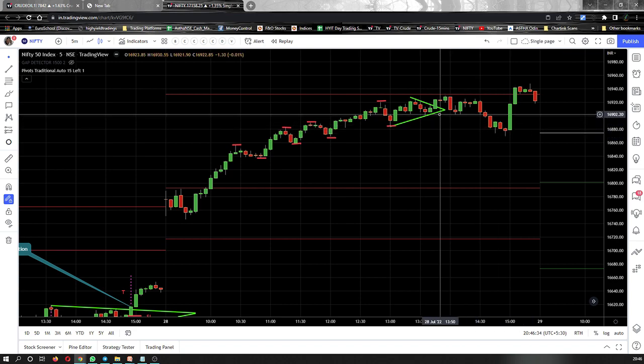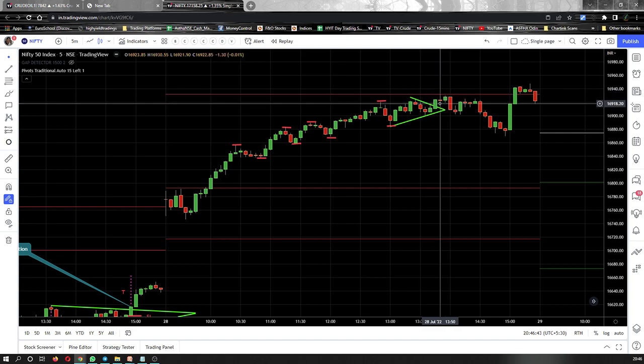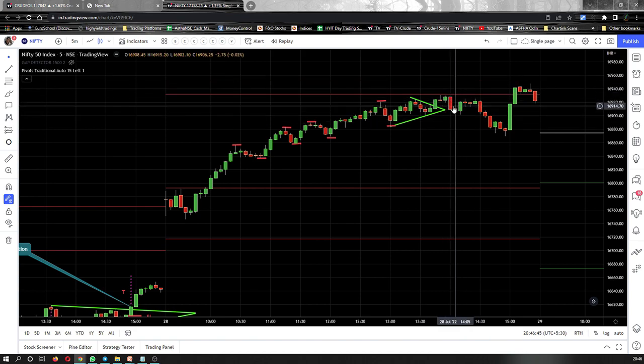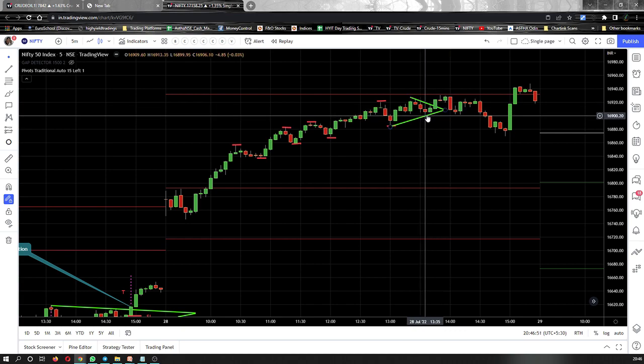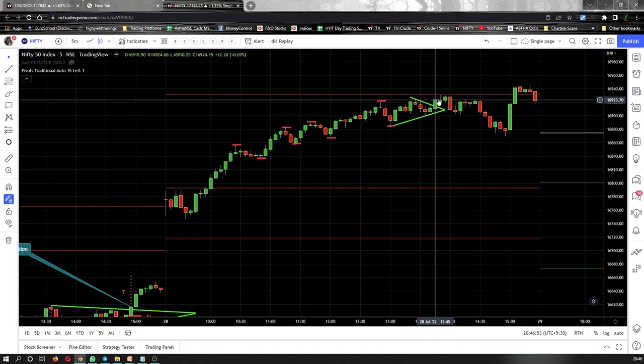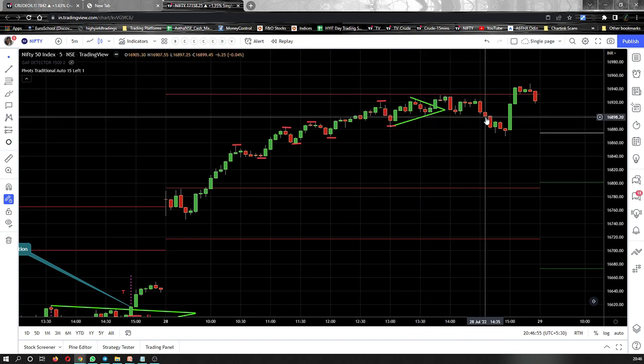And if you are a trader who doesn't care about the technical analysis, or who doesn't care about the resistance that is being shown here, and if you take a long trade, then you know what's going to happen. Obviously, the stop loss will be hit. Either you put your stop loss below this candle, or below the recent swing low, both the stop losses would have been hit.